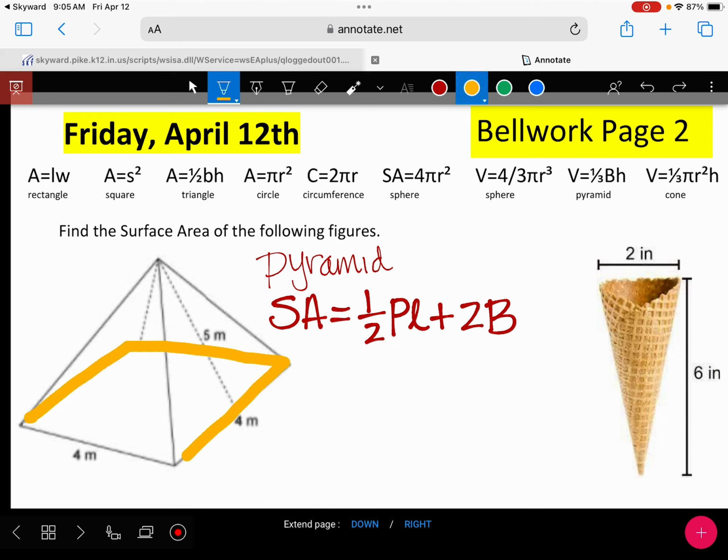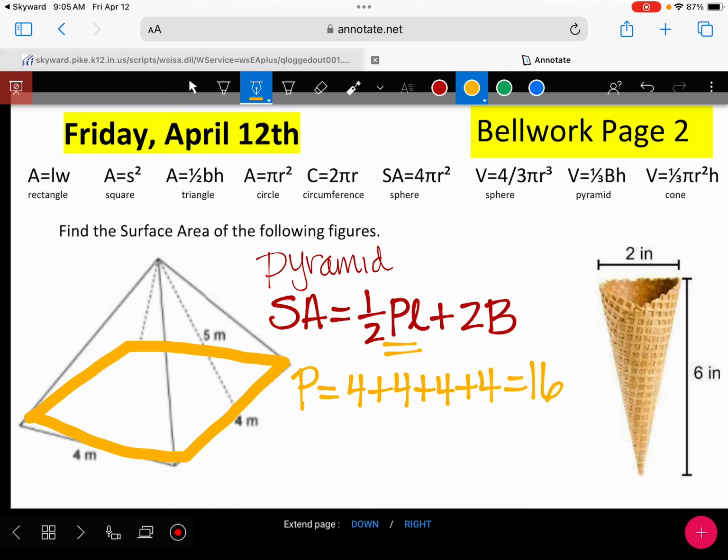So that would be 4 plus 4 plus 4 plus 4, 16. So let's write that out. Perimeter is 4 plus 4 plus 4 plus 4, which is 16.